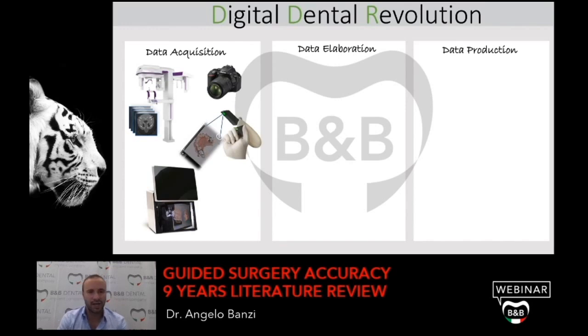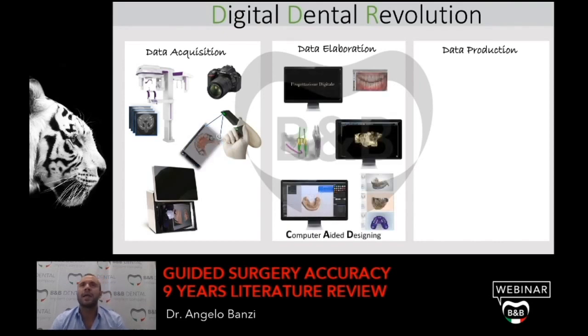After the acquisition comes the elaboration. The elaboration is made thanks to software. We can work with smile design software that allows us to have a sort of virtual workshop.